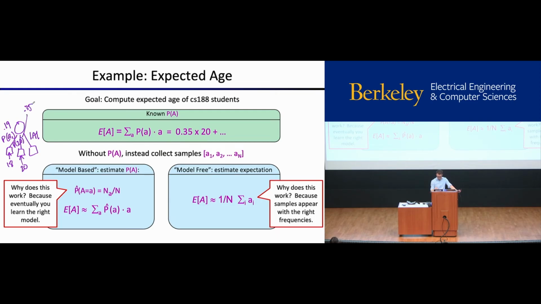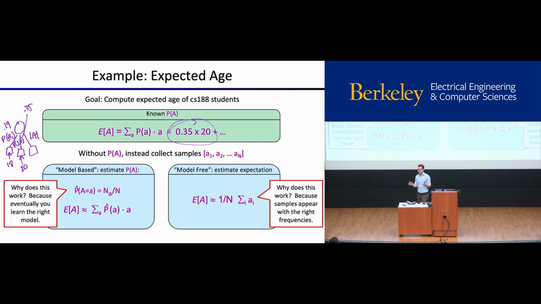That was down here. So we just multiply the probability of an age by the value of the age, and that gives us the expected age. When we have this probability distribution, we can just do that. It's the same sort of expectimax search. We take our chance node, we look at all the outcomes, and we multiply the value of the outcome by the probability of the outcome. Okay?